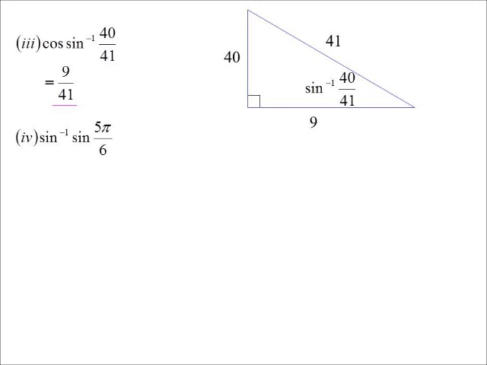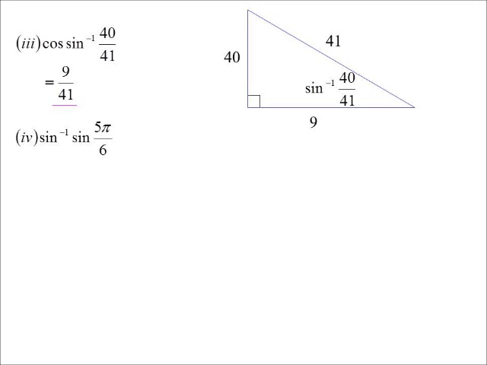Inverse sine of the sine of 5 pi on 6. This is where we have to be really careful, because it is so tempting to say the answer is 5 pi on 6. Because you go, oh, inverse sine and sine, surely they just cancel, like we saw with inverse functions. We're left with just a number. Problem is, inverse sine gives me answers that are either negative acute or positive acute. It can't give me 5 pi on 6.